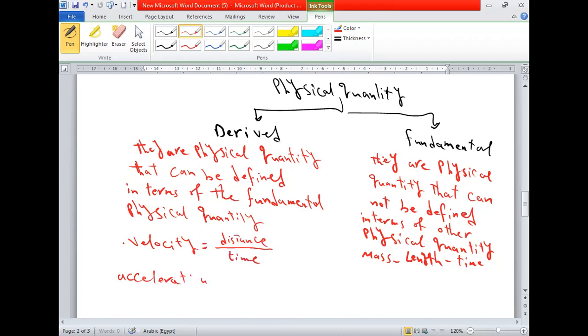So a velocity can be defined, but we have to have distance, a physical quantity, and another physical quantity, which is time, and divide them to have the new physical quantity, that is velocity. So velocity is a derived physical quantity, not a fundamental physical quantity, because velocity can be defined in terms of fundamental physical quantities.